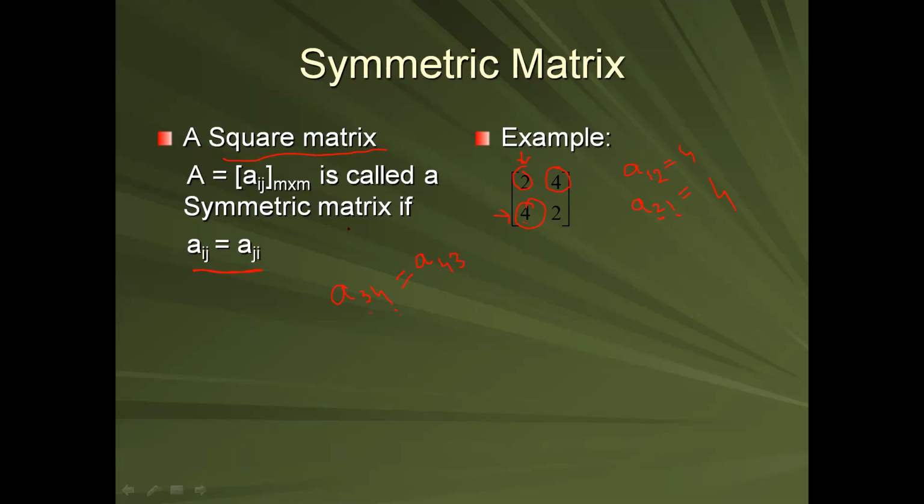Now I want a 3x3 symmetric matrix, Kashyap. 0 0 0, 0 0 0, 0 1 1, 1 0 0. Are you sure?